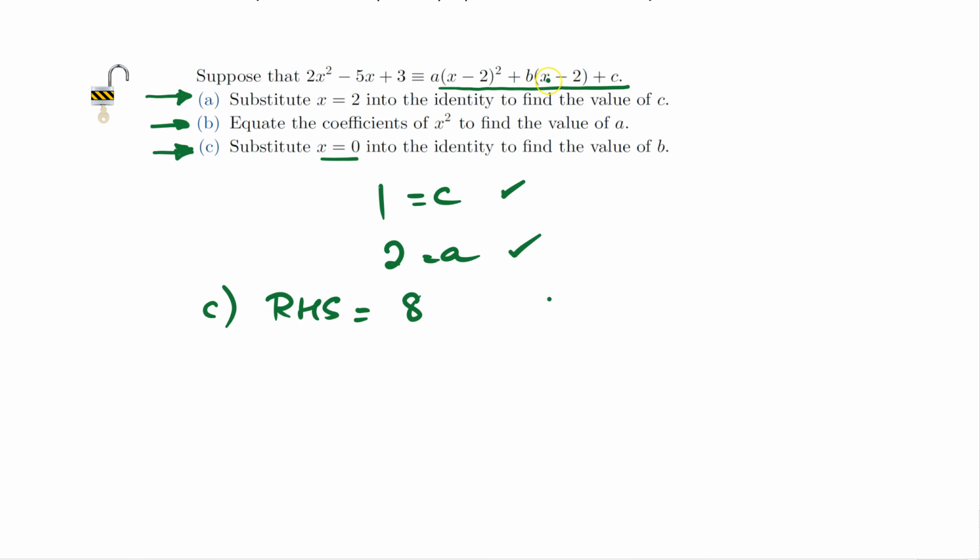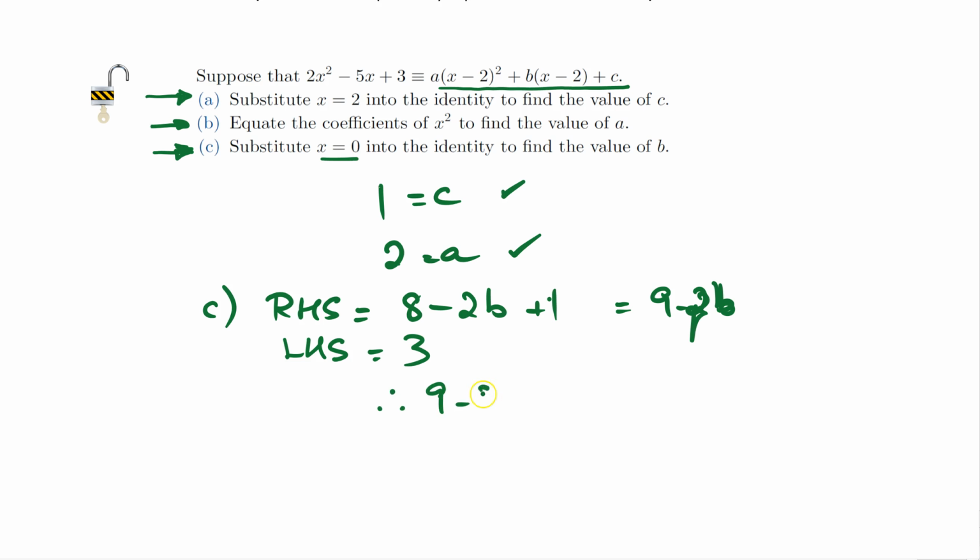If I put 0 in here, I've got minus 2b, and I put in my value for c, which was 1, so my right hand side just says 9 minus 2b. And on the left hand side, when I put x equals 0 in there, that just gives me 3. So therefore I've got that 9 minus 2b equals 3, so 2b equals 6, so b equals 3.